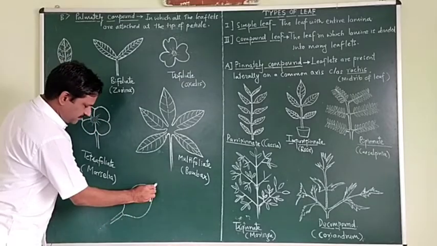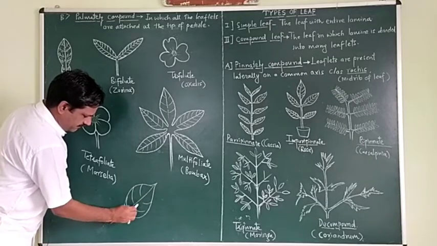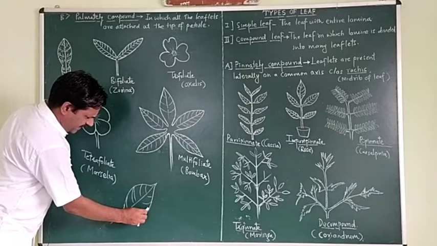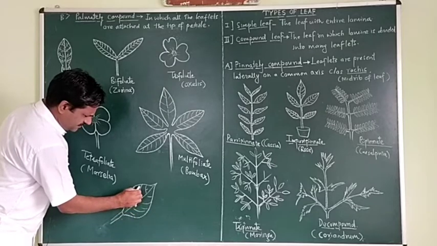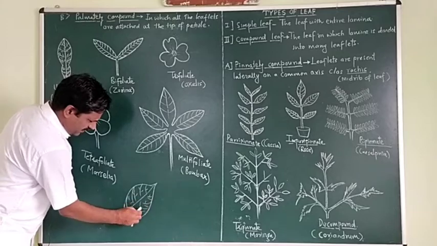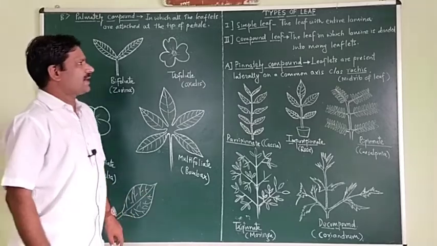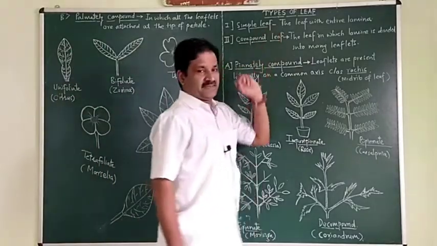Okay, this is the simple leaf, having midrib, veins, venation showing the subveins. This leaf is called a simple leaf. Means a leaf having entire lamina or entire blade is called a simple leaf.